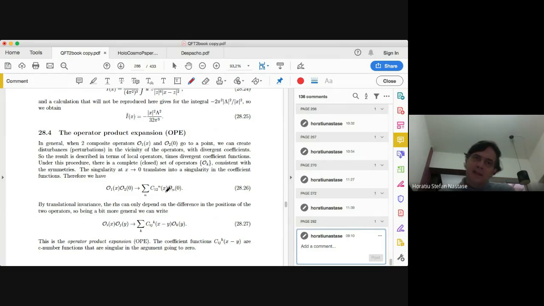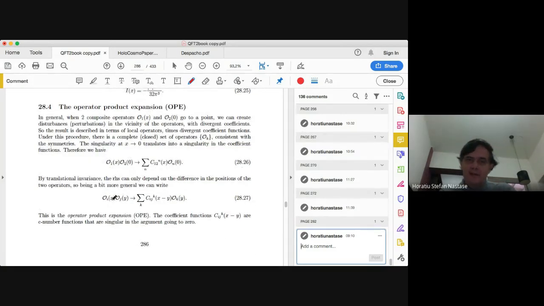Okay. In general, by translation invariance, I can say the operator at x in product with the operator at y should be some operator. Let's choose it to be in the vicinity, at y, times a coefficient function depending on x minus y, which would be divergent when x minus y goes to 0. But of course, what operator it is, I don't know. It doesn't necessarily need to be any one of these two. It's some operator.